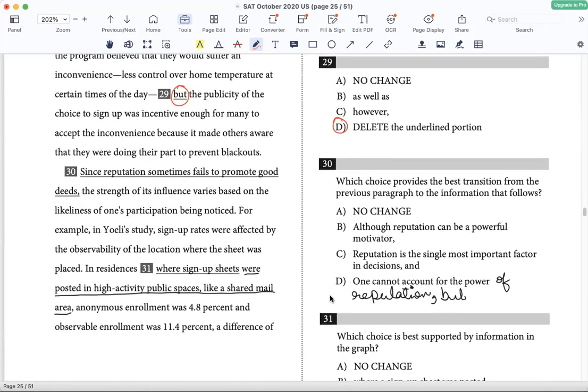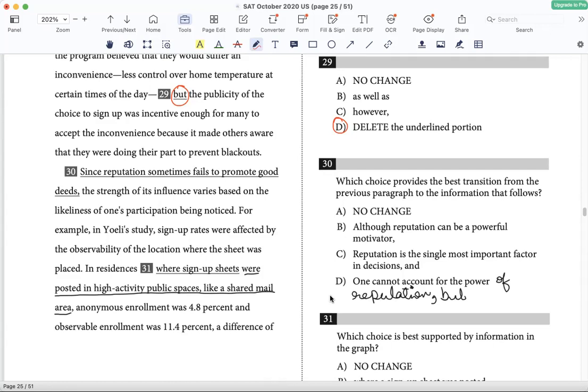Since reputation sometimes fails to promote good deeds, the strength of its influence varies based on the likeness of one's participation being noticed. For example, in Yuli's study, sign-up rates were affected by the observability of the location where the sheet was placed. Okay, so I have to transition from the previous paragraph.